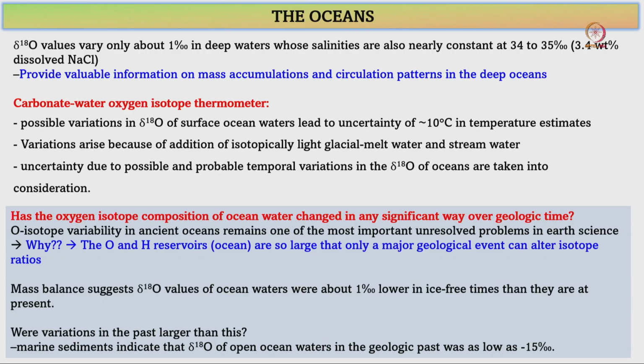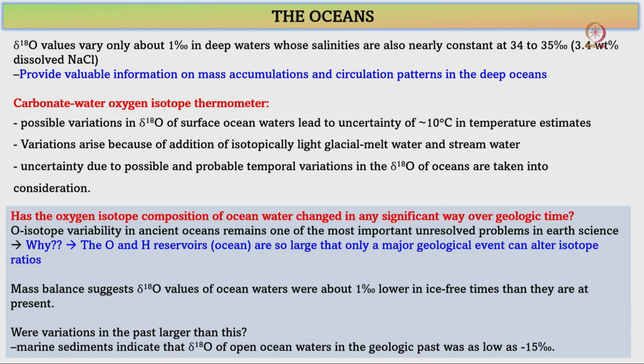From our theoretical understanding, we know that given the huge reservoir, we need a huge event that can change the isotope composition of the ocean. But from the mass balance studies, from some data, we have some information. What do we mean by mass balance?